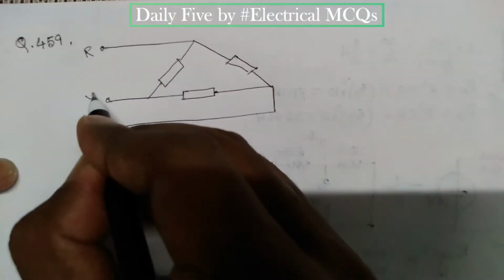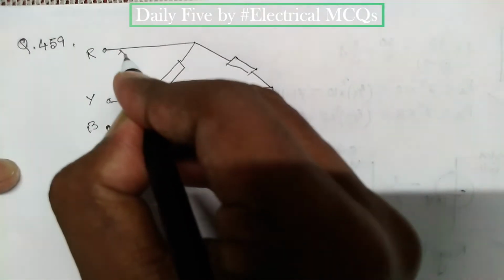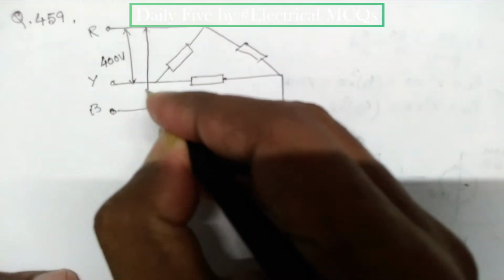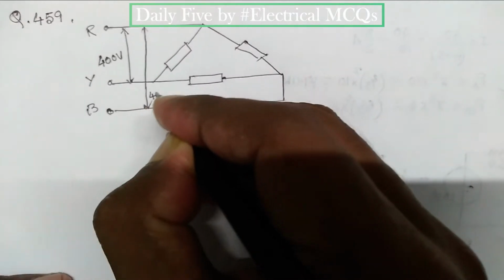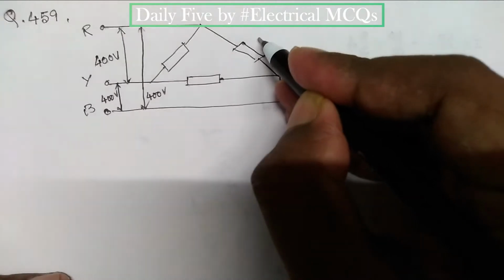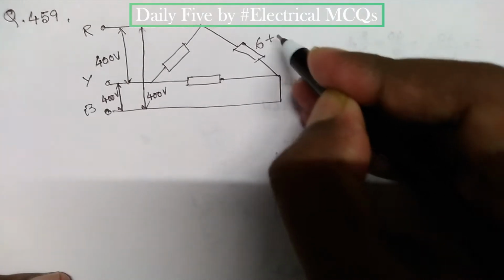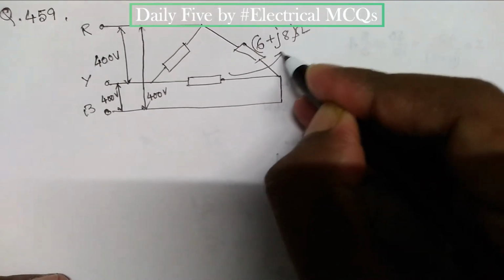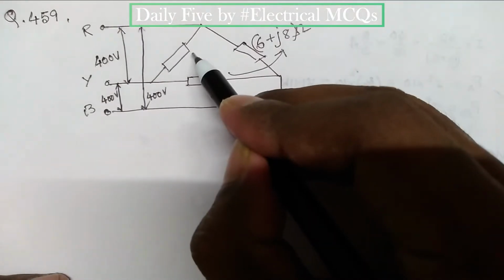This is R, Y and B. And the voltage, as it is a balanced supply, all these voltages will be 400 volts. And as per the given load conditions, this will be equal to 6 plus j8. This will also be equal to the same value.